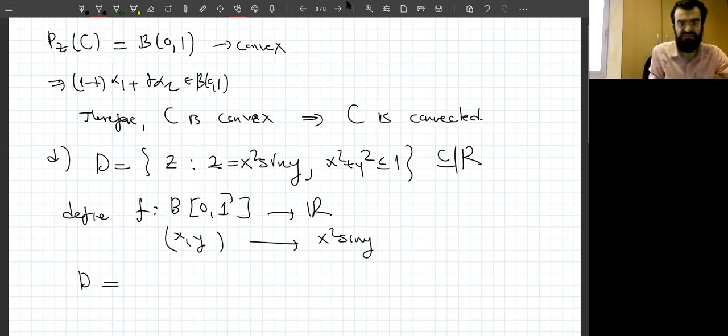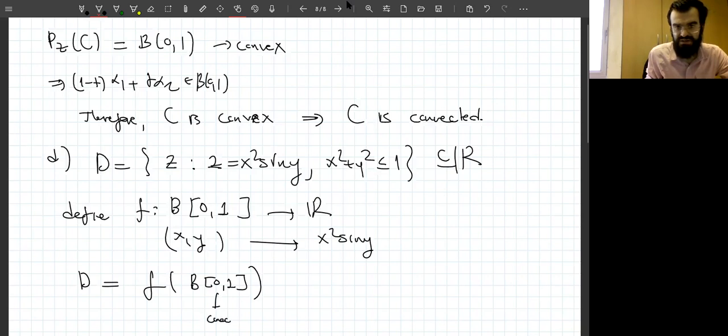Our D is the image of F, clearly, of 0, 1. This is connected, F is continuous, so the whole set is connected.